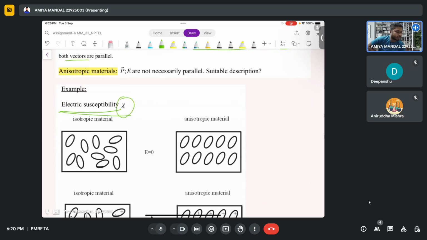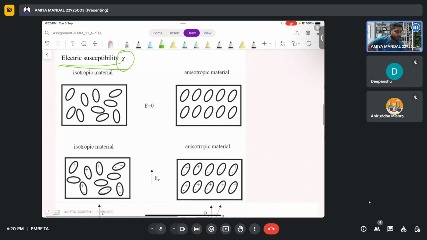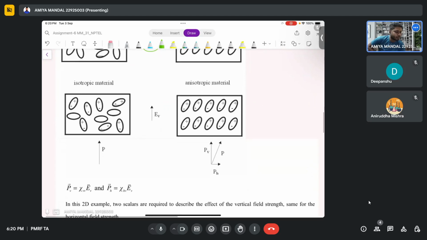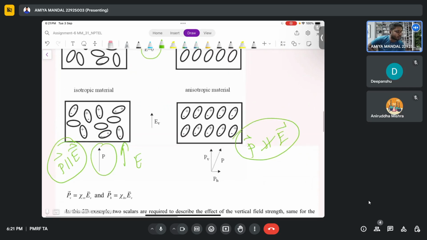You can see that for the electrical susceptibility concept, E and P are parallel to each other when no electric field is applied. When electric field is applied, then P is directing along this and E is also directing along this. So P is parallel to E. But in these cases, P is not parallel to E. You can see there is a resultant vector along this direction.